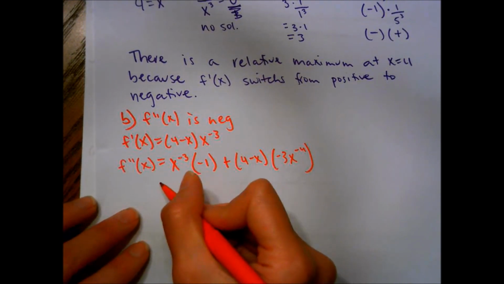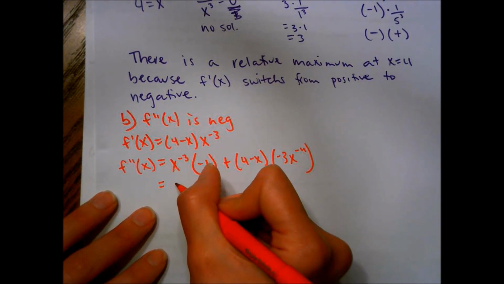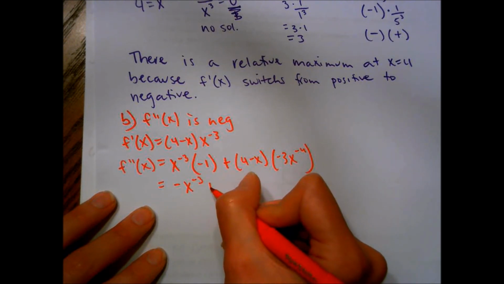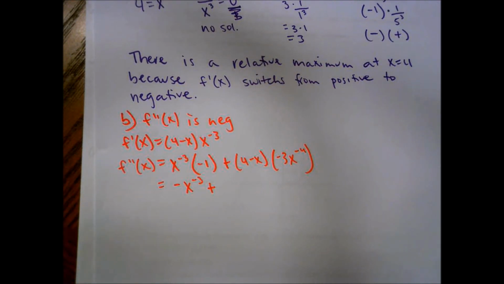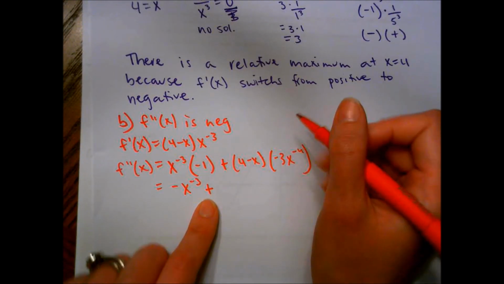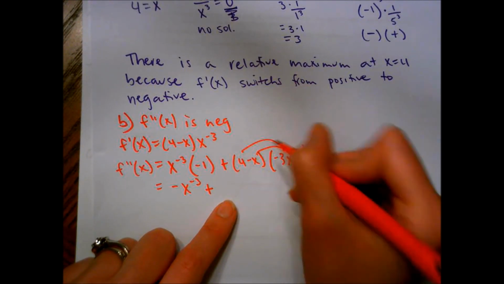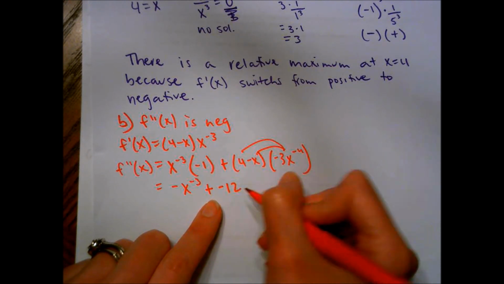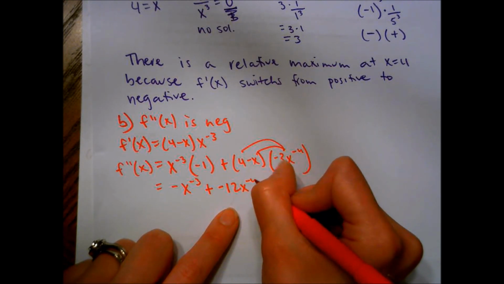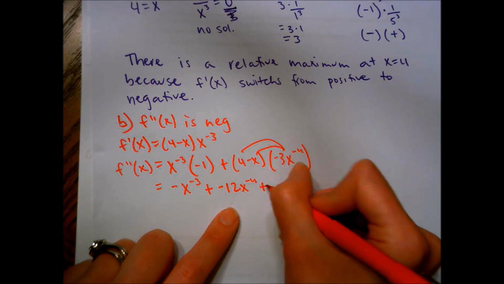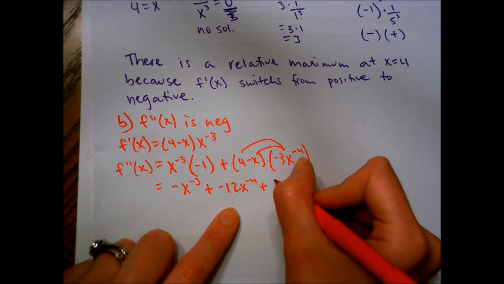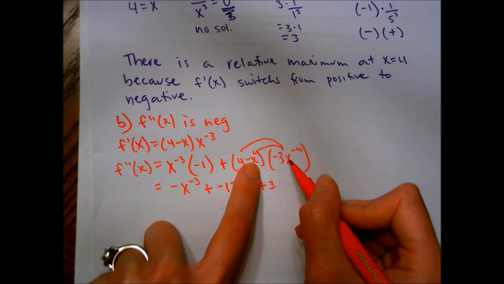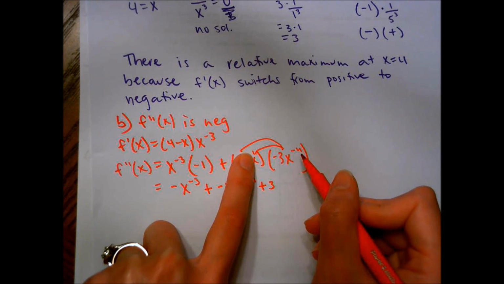We clean this up, that would be negative x to the negative 3 plus, or you know what, I should have distributed this. I'm going to distribute this to each term. So that's going to be negative 12x to the negative 4, and then plus 3, my coefficient, times x, and when you multiply you add exponents.